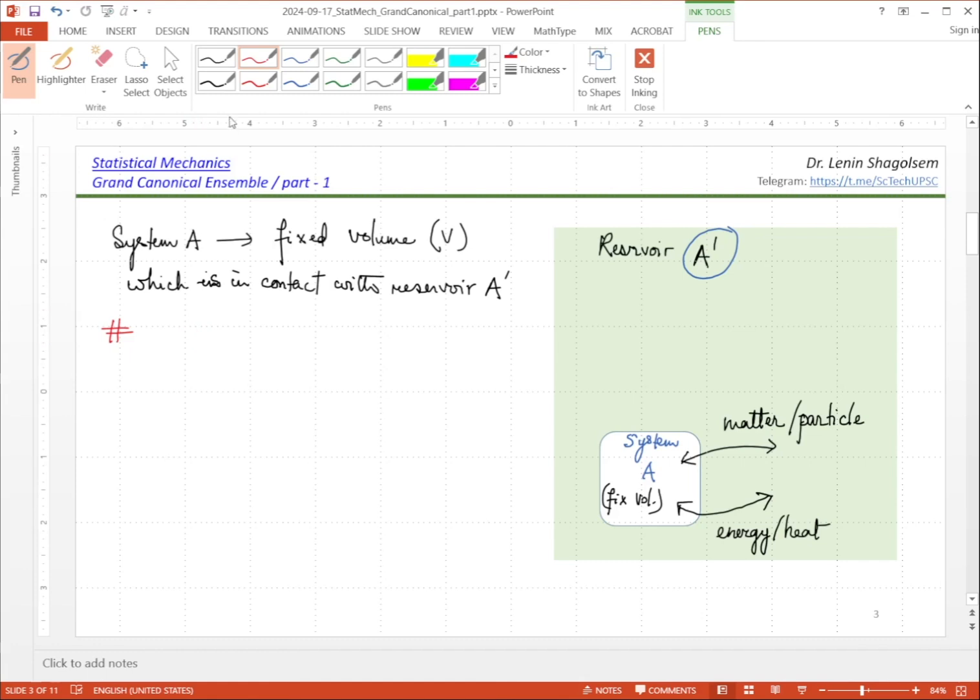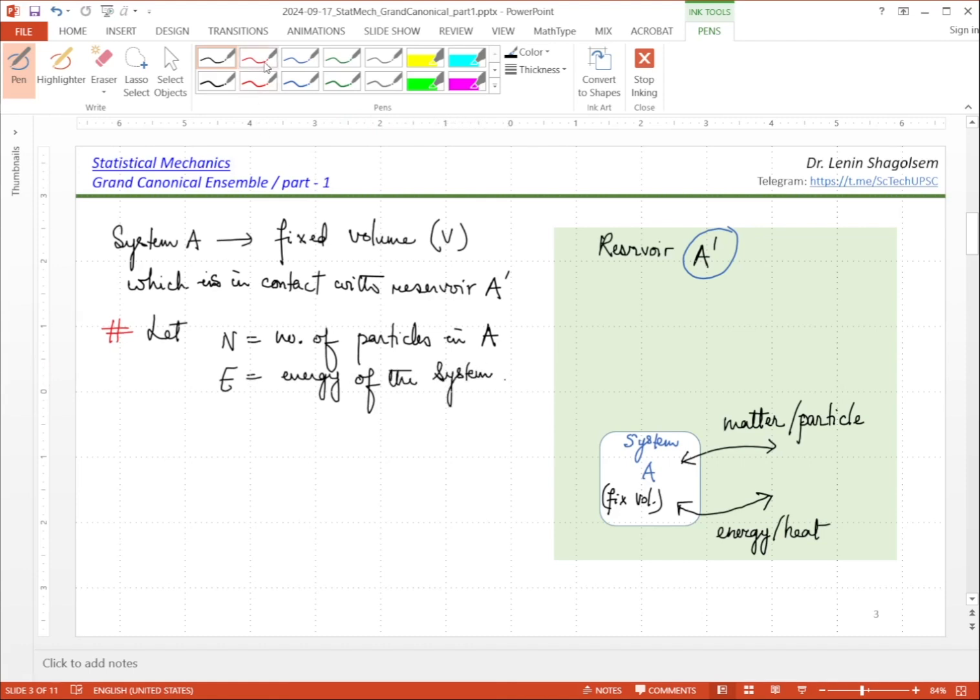Let us assume that N is the number of particles in the system A, and E is the energy of the system.